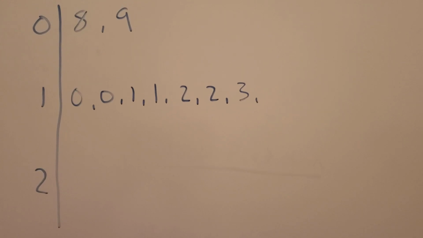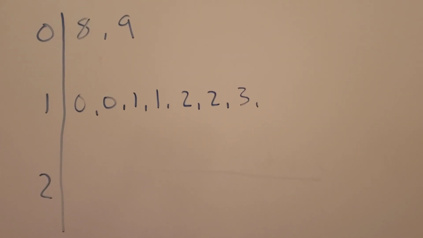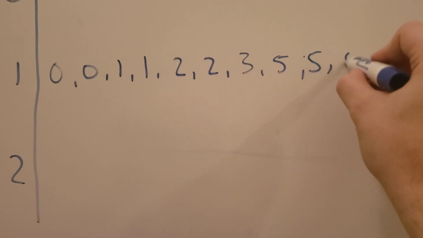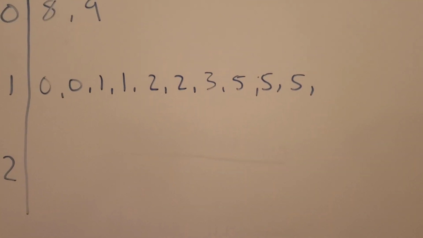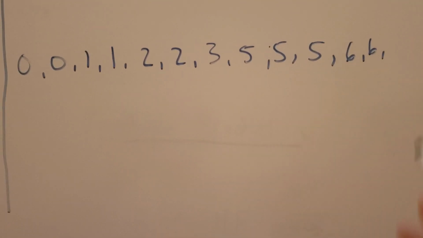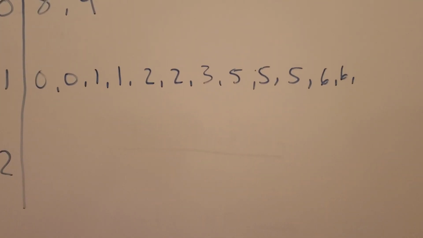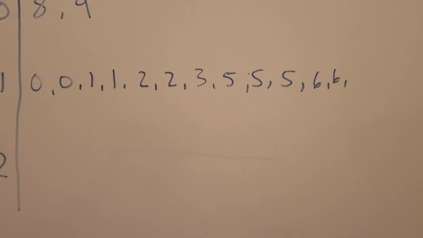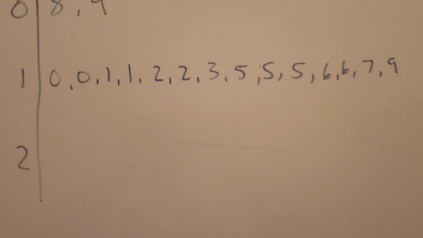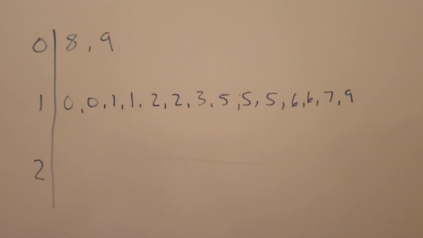I've got 3 15s. So 1, 2, 3. I've got 2 16s. 6, 6. I've got a 17 and a 19. Okay, so 7, 9. Okay, so that one was much longer, obviously. We've got lots of different numbers in that row.